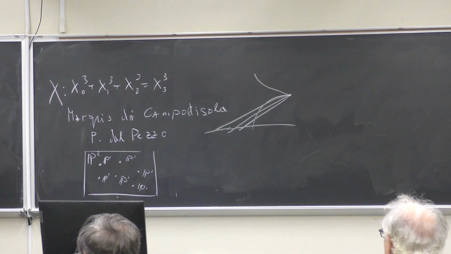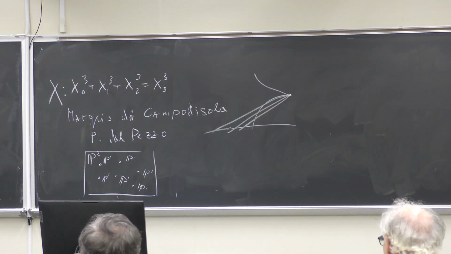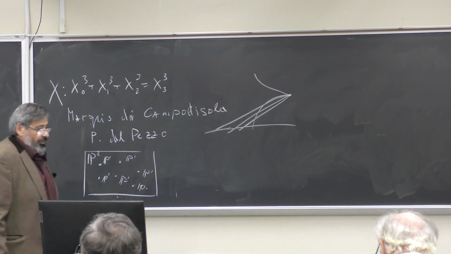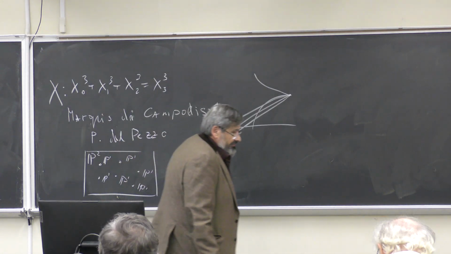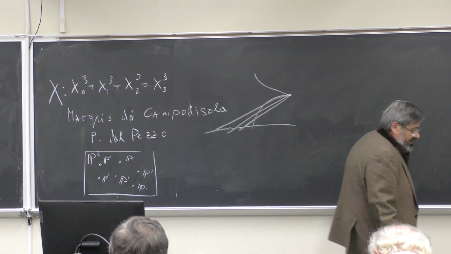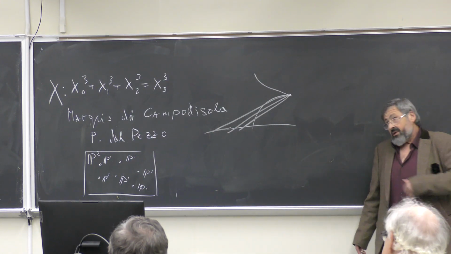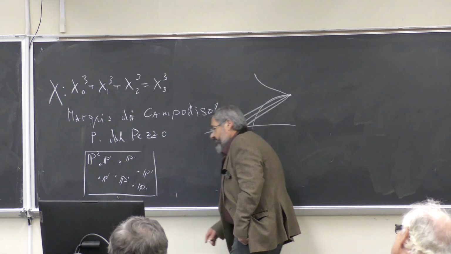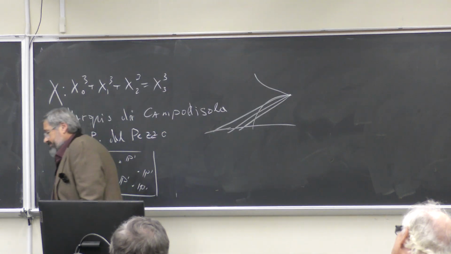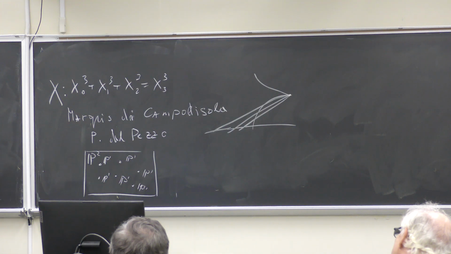In a way that is good: these singular cubics are rational. But it's also bad, because the most successful argument for studying non-rationality is by deforming to something which is singular and getting some obstruction to this singular thing.